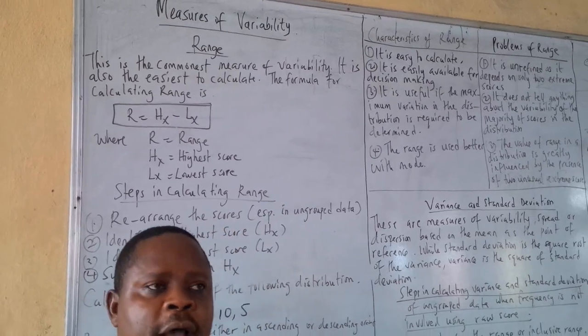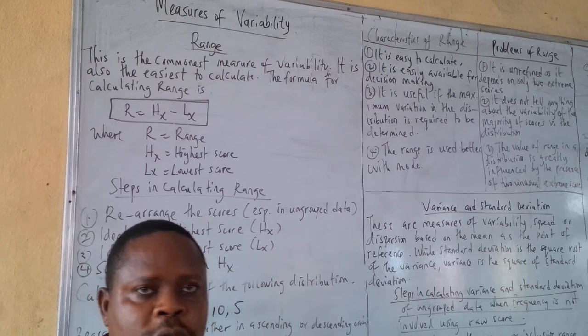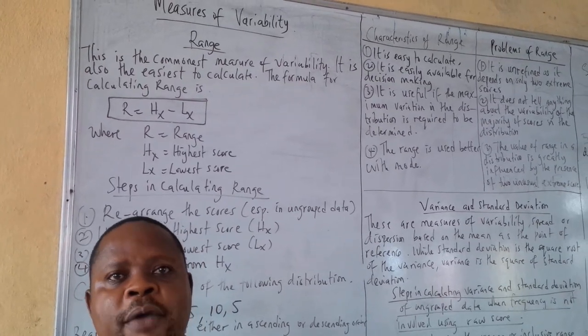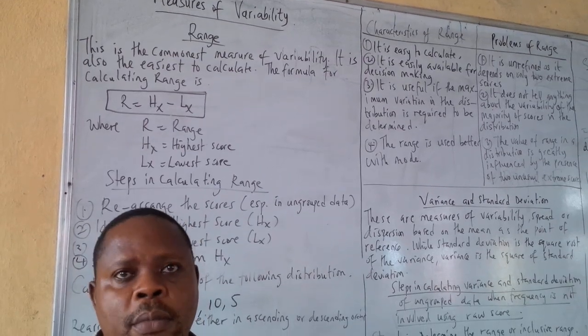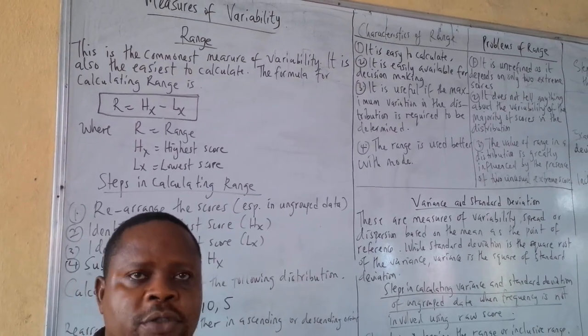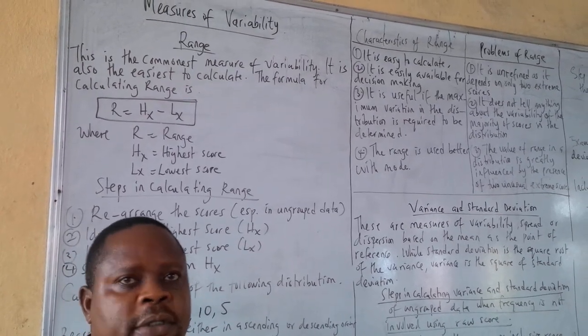For instance, you have a set of about 5 scores: 12, 12, 12, 12, 12. You can see that the scores are the same. The highest score in this case is 12, the lowest score is 12, and so there is no variability.